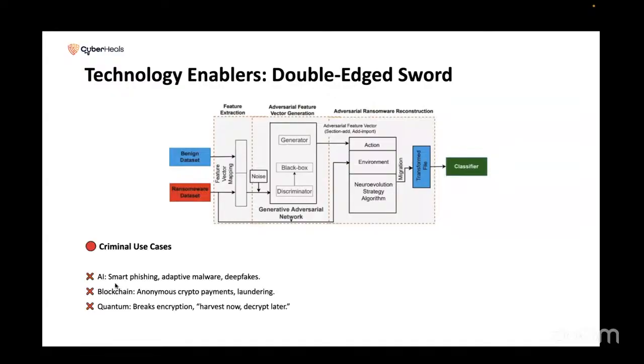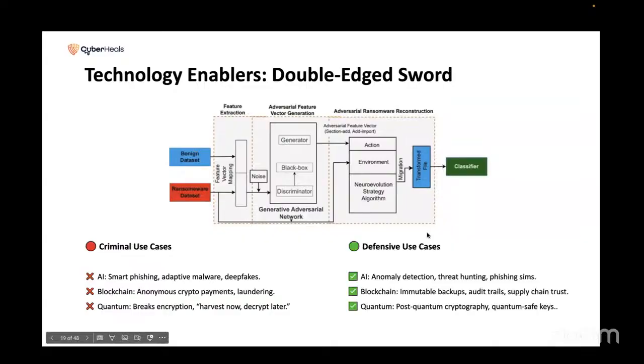So they use AI for smart phishing, blockchain, quantum. Defenders use them for a good purpose, but criminals use them for the wrong purpose, to create ransomware at mass scale.